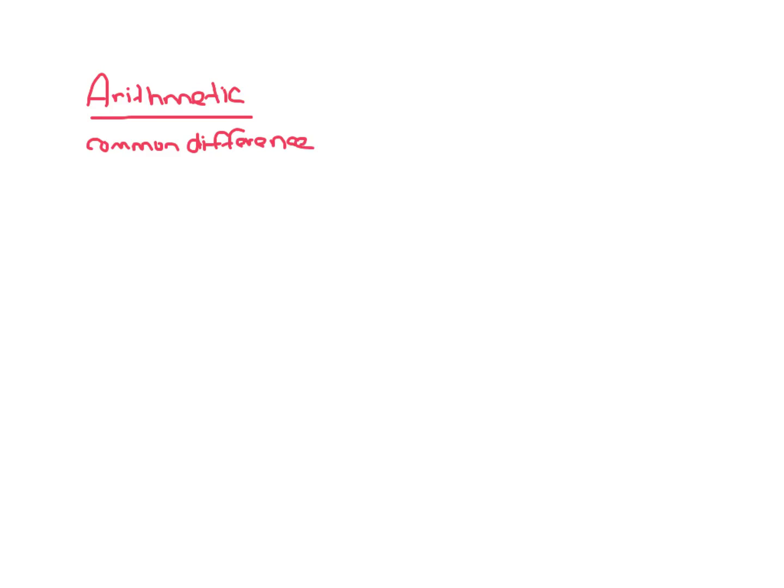what we can do if we're looking at a recursive formula for this, this is when we look for the first term, A1. Then we're going to have, for any term, we can look at the previous term and add the common difference as long as n is greater than or equal to 2.